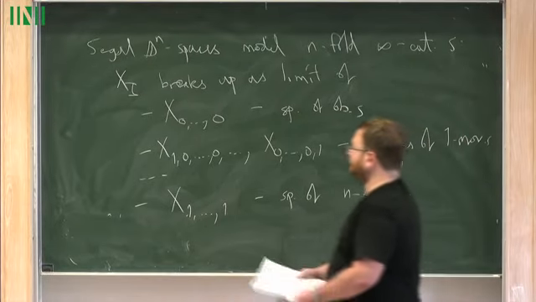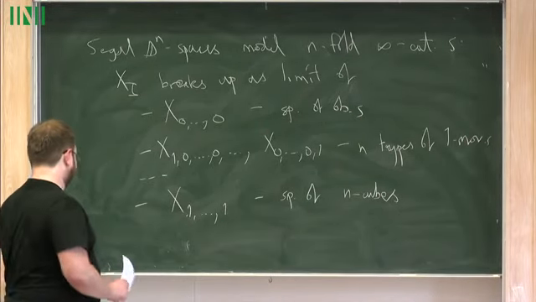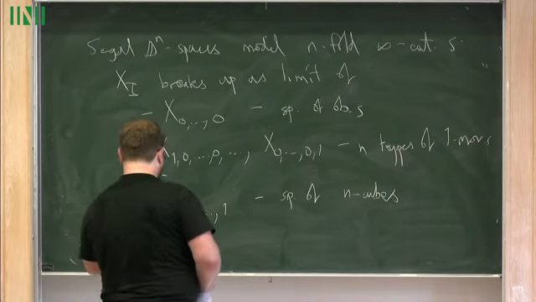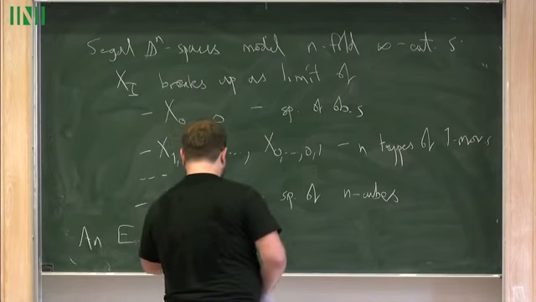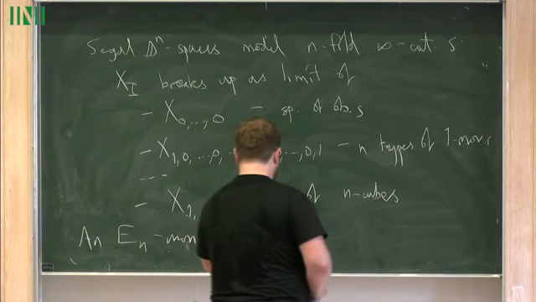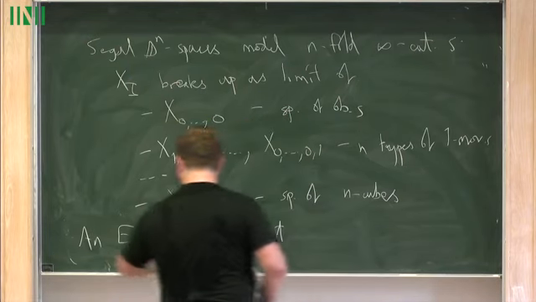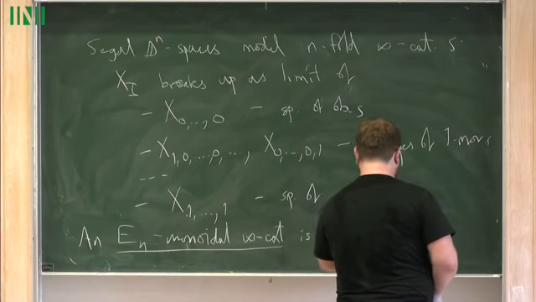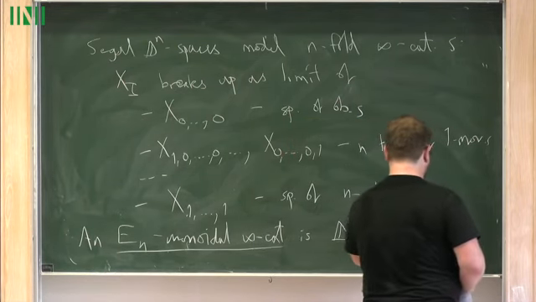And then we can define an En monoidal infinity category to be a delta n monoid in cat infinity.